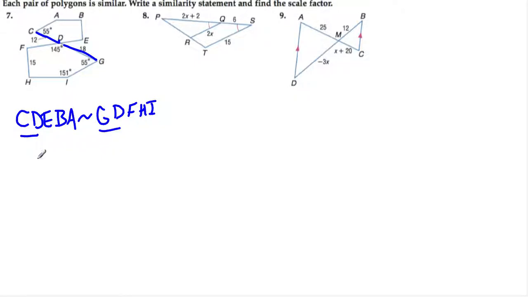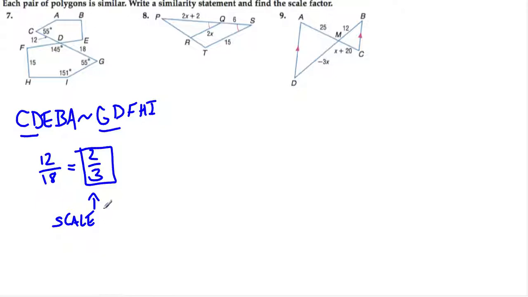So if I say that this is going to be 12 to 18, I can reduce that fraction because they both have a common factor of 3. Actually, they have a common factor of 6. So I can say this is 2 to 3. And so this is the scale factor. So hopefully that was similar enough.